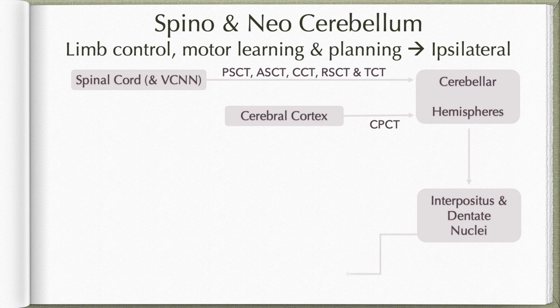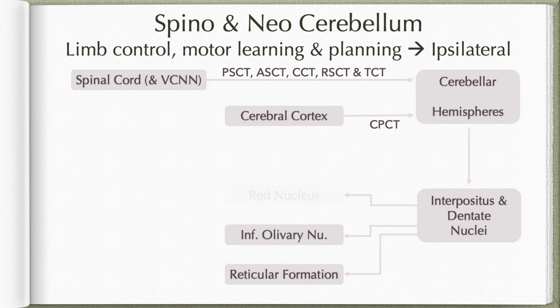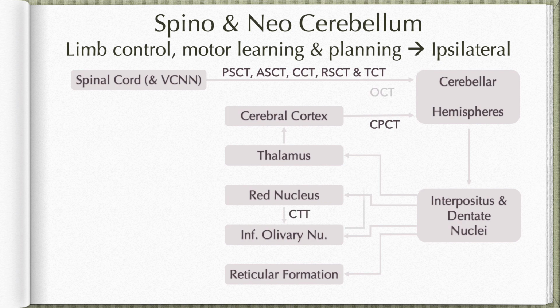From these interpositus and dentate nuclei, the output is to the reticular formation, to the contralateral inferior olivary nucleus, contralateral red nucleus, and contralateral thalamus. Thalamus then projects to the cerebral cortex. Red nucleus, especially the parvocellular part, will be projecting to the inferior olivary nucleus through central tegmental tract, which will then send input back to the cerebellar hemisphere through olivocerebellar tract fibers, that is the climbing fibers, which we have done earlier.